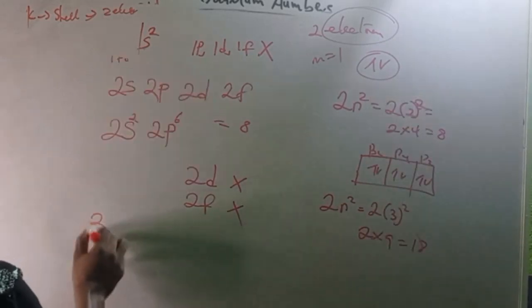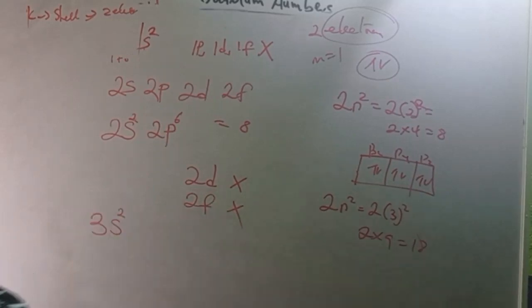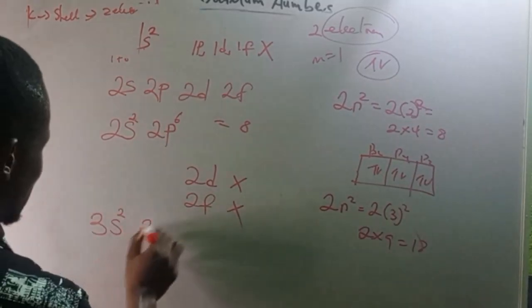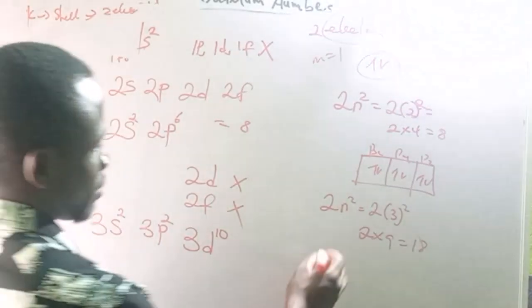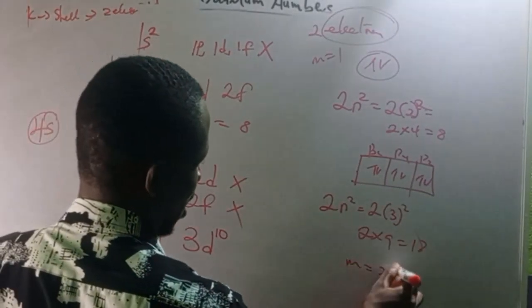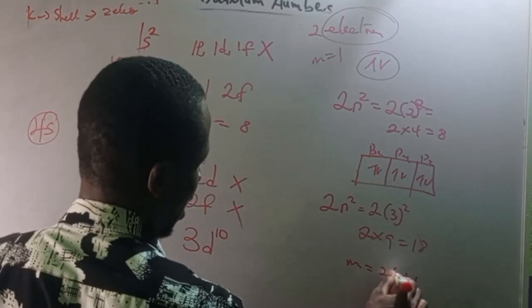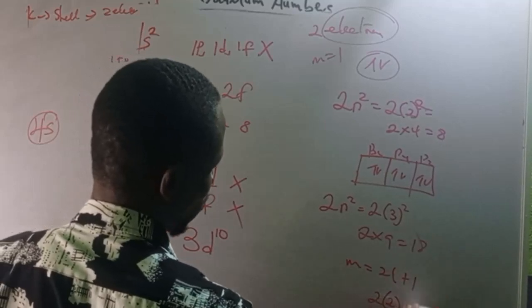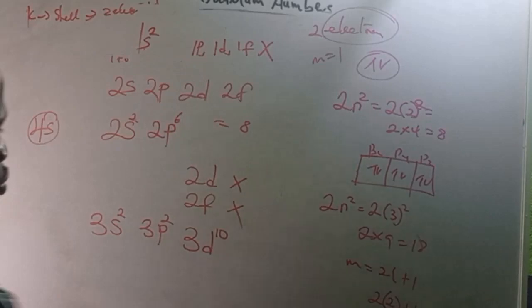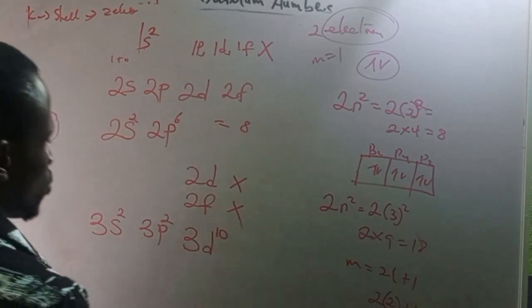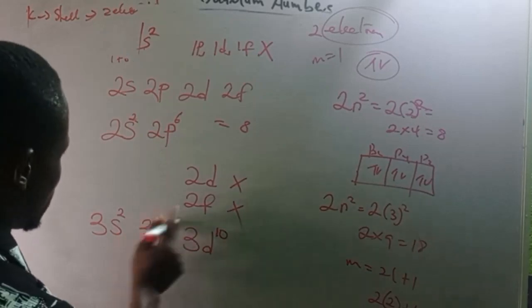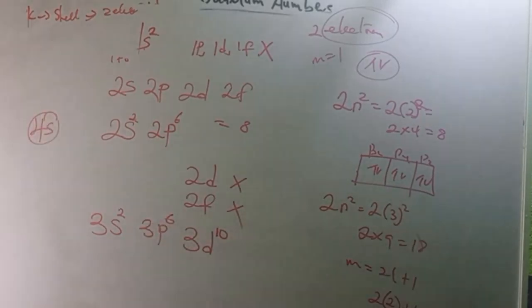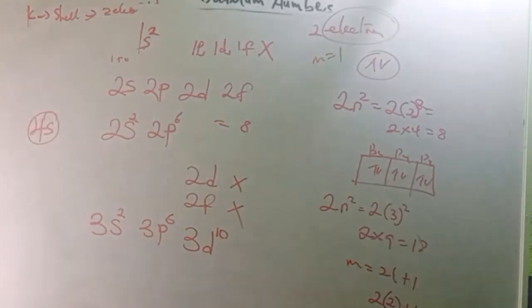So if 3s is filled with 2 electrons, the next one, 3p, has a maximum of 6 electrons. The m value is 2l plus 1, which is 5 for d, so it has a maximum of 10 electrons. Sorry, 3p is 6 electrons, not 2. So 10 plus 6 is 16, plus 2 here is 18.